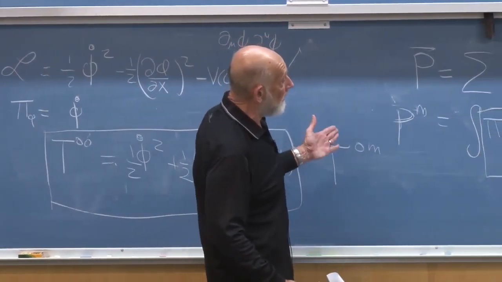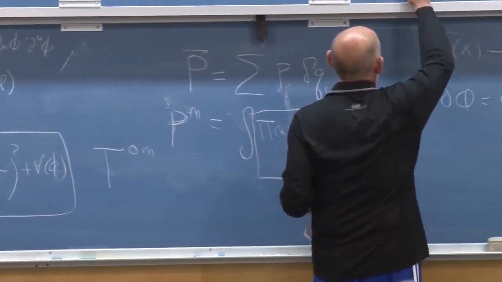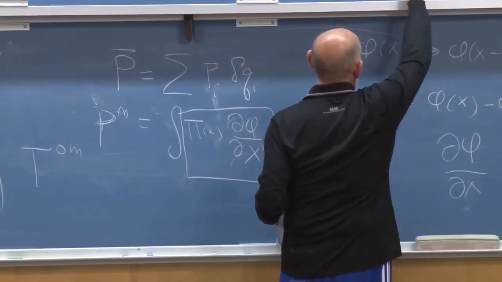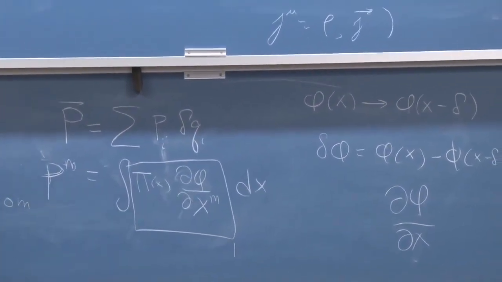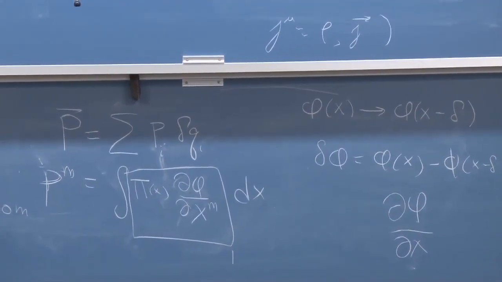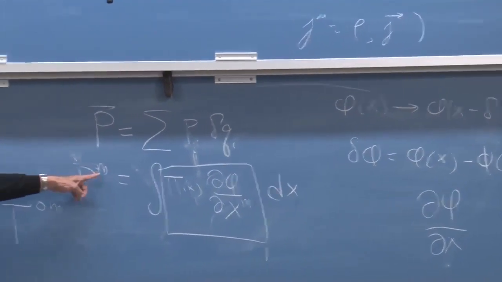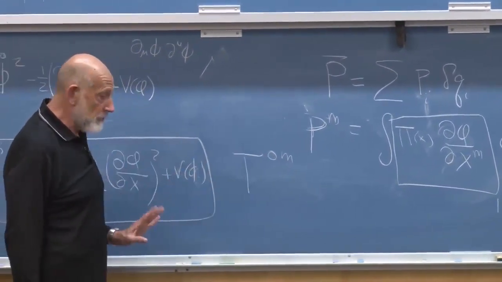A density, where did I write it? J mu equals rho and J. So we're talking about somebody's density. That makes this a time component. Whose density? The density of the mth component of momentum. And that's called T0m.